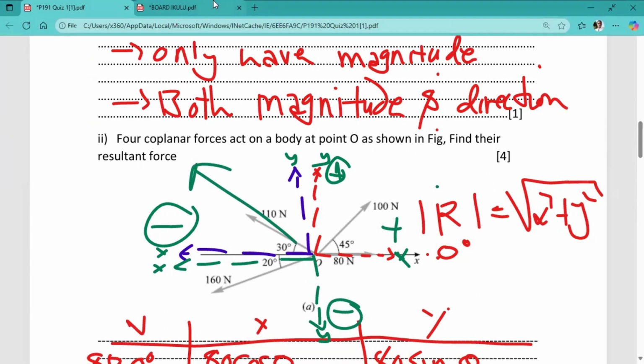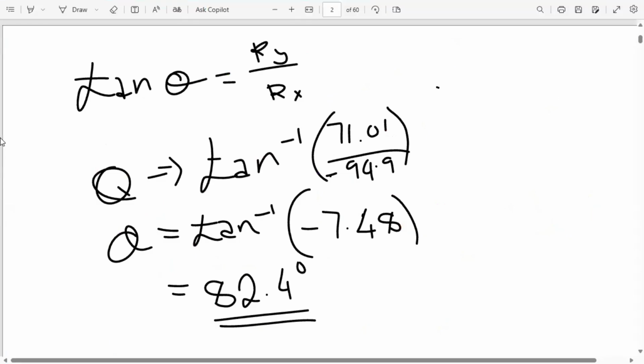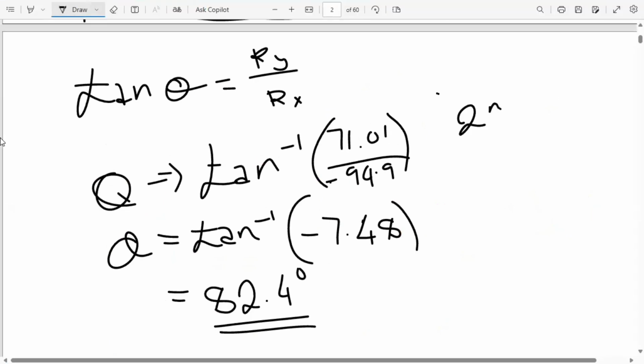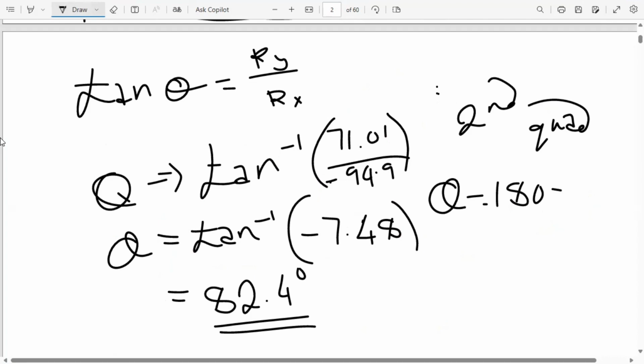And how do we calculate theta in the second quadrant? In the second quadrant, theta is equal to 180 minus alpha, and we're going to equate alpha to the value that we found here.